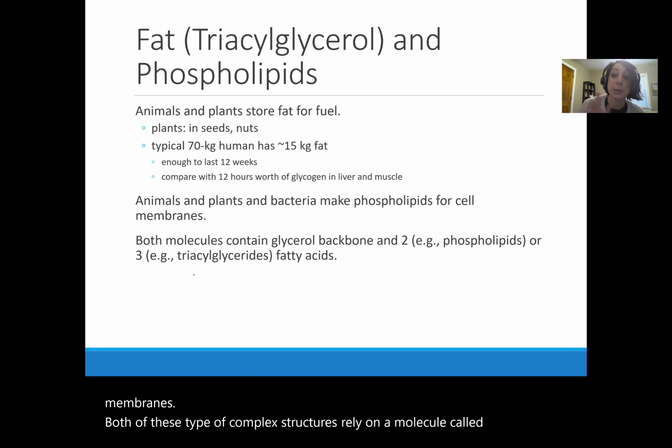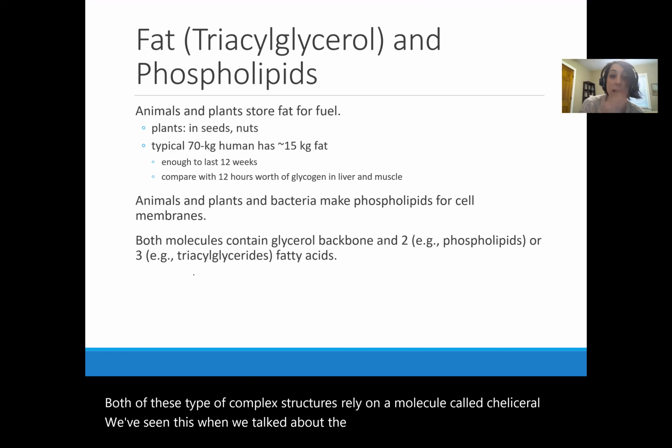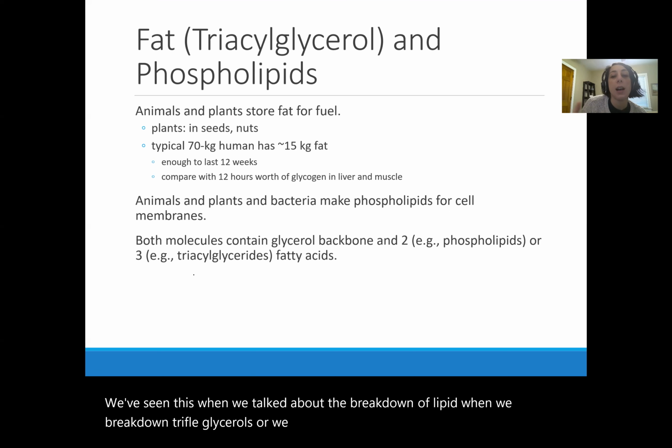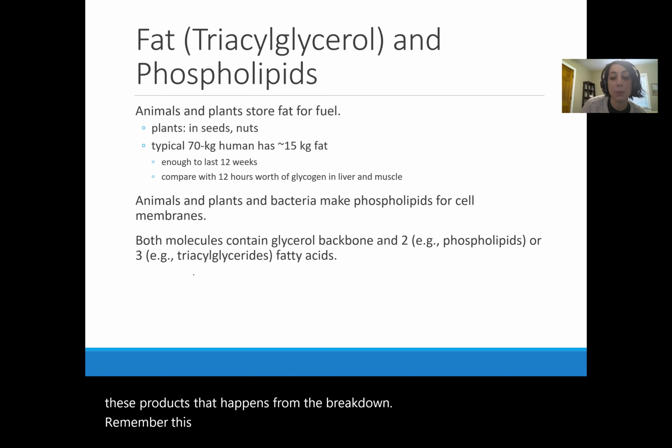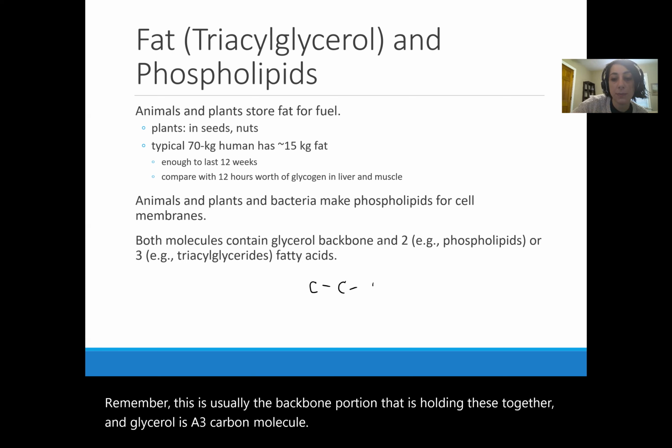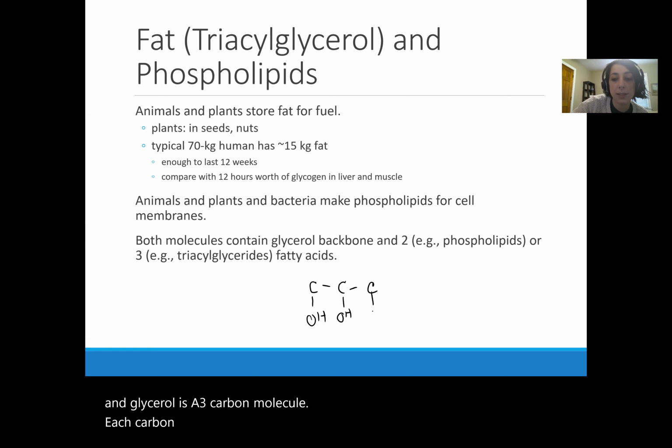We've seen this when we talked about the breakdown of lipids. When we break down triacylglycerols or phospholipids, glycerol is one of the products of the breakdown. Remember, this is usually the backbone portion that is holding these together, and glycerol is a 3-carbon molecule, each carbon having an OH group on it. This is a base glycerol.